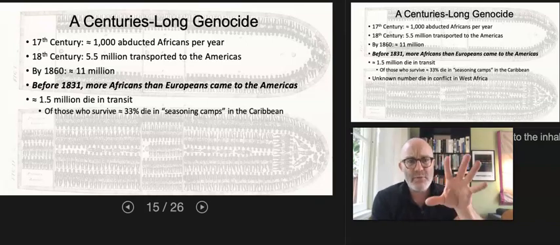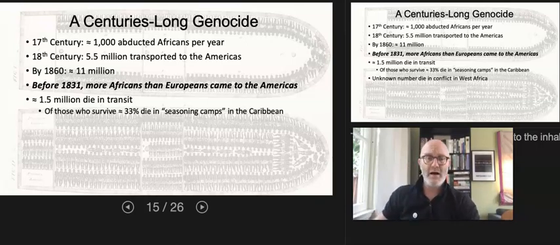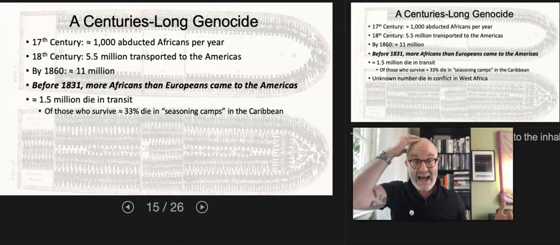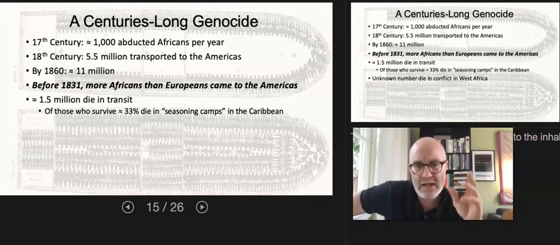They have a stopover in the Caribbean for this seasoning, and therefore they are more expensive. An enslaved laborer that has gone through the seasoning process is less likely to die, and therefore far more expensive. And those are the kind of enslaved laborers that were the focus of people in the Carolinas, Virginia, and elsewhere.